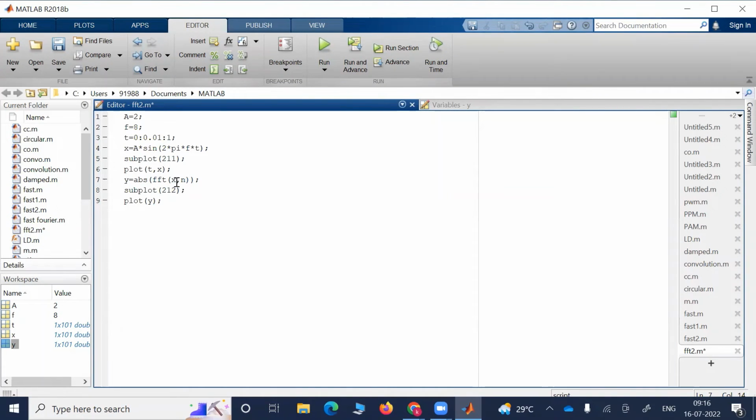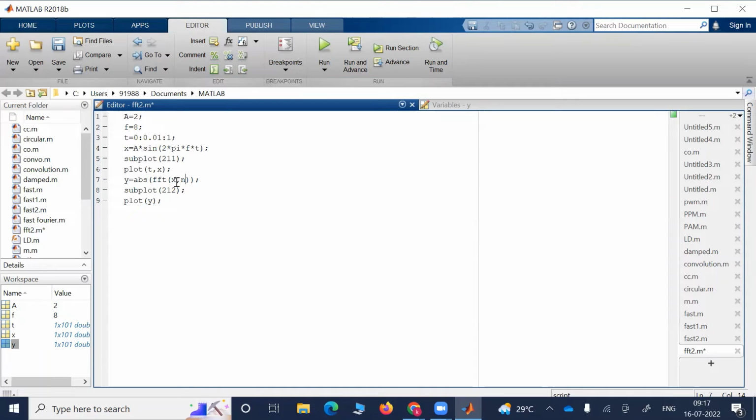The advantage of using n is that as n increases, the resolution in the frequency domain will increase. If we are using this function FFT of x comma n, as I told you, n must be an integral power of 2.